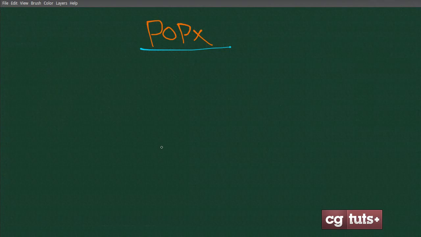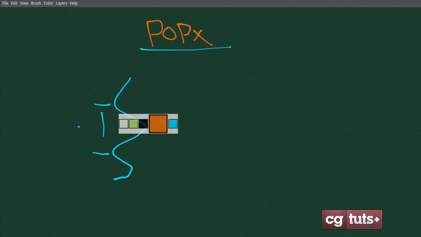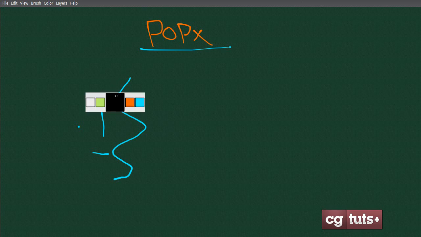So kind of like this. Let me just draw here. If I draw a wave here, this will be the frequency, and from here to here, the height of the wave will be the amplitude.